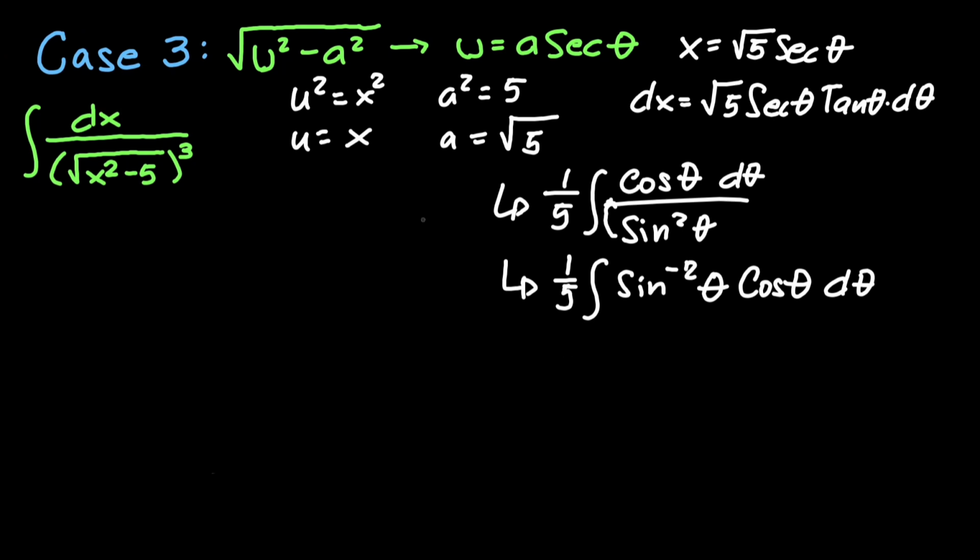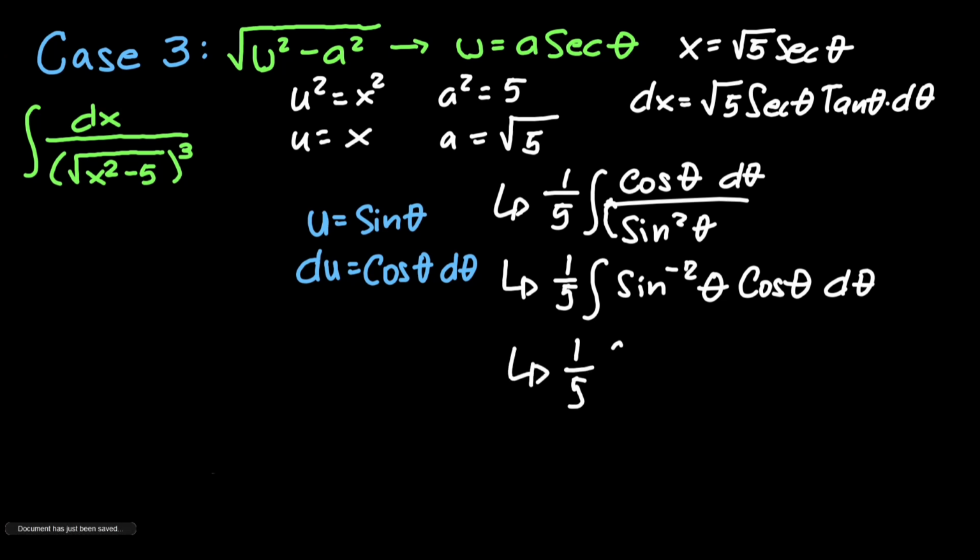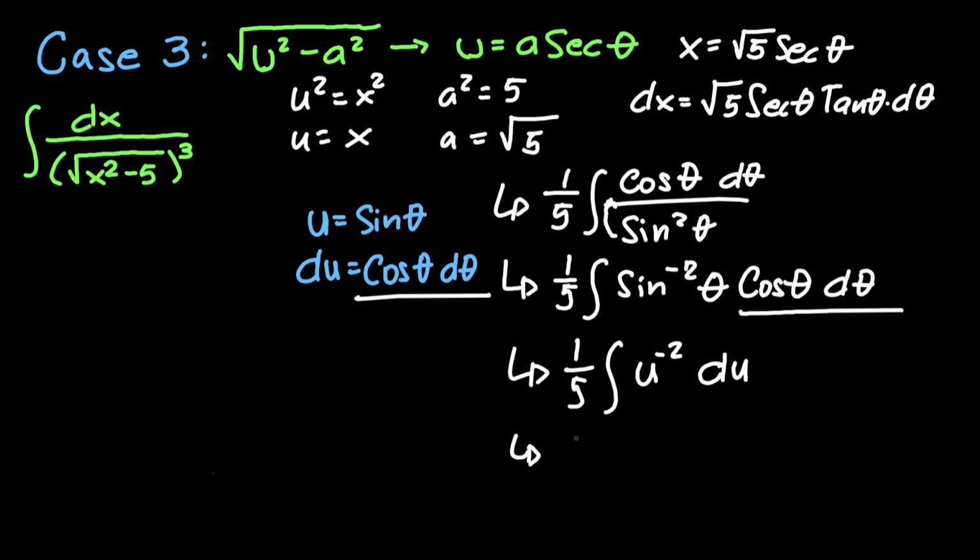And now, let u be sine of theta. And so, the derivative of sine is cosine theta d theta. So this would be 1/5 the integral of u raised to the power of -2 cosine of theta d theta. This is this, so this would be equal to du. The integral of u raised to the power of -2 would be u raised to the power of -1 over -1 plus the constant of integration.